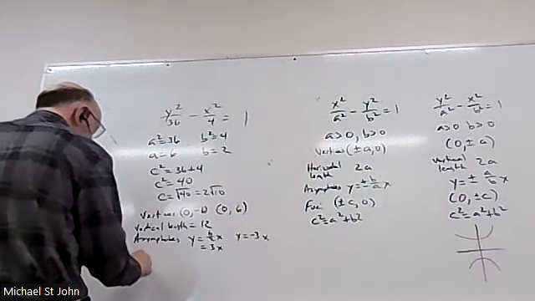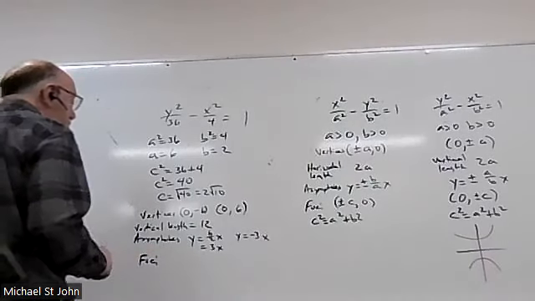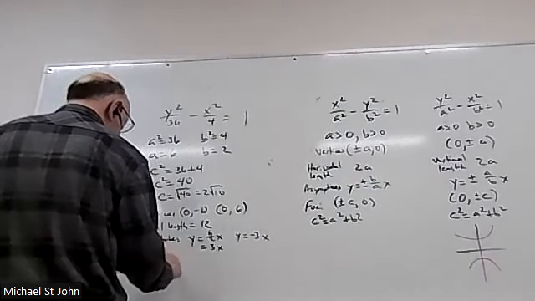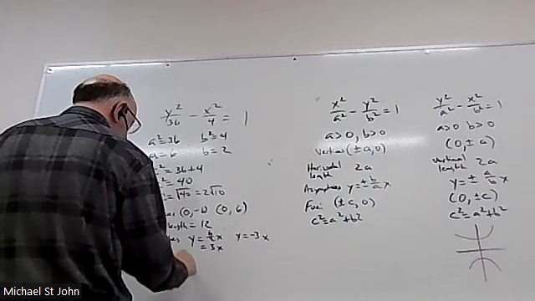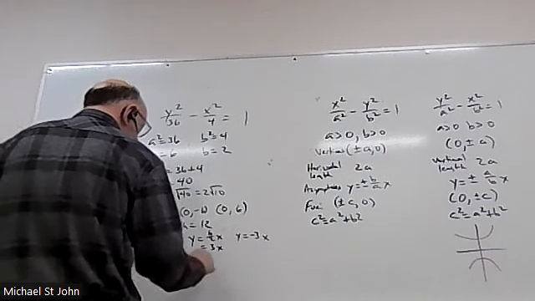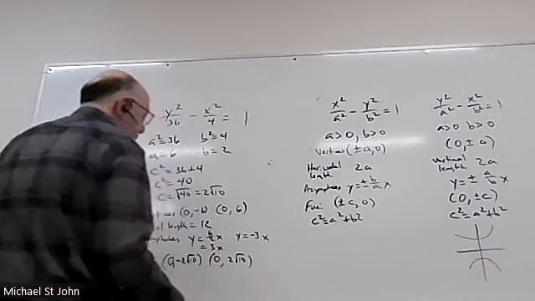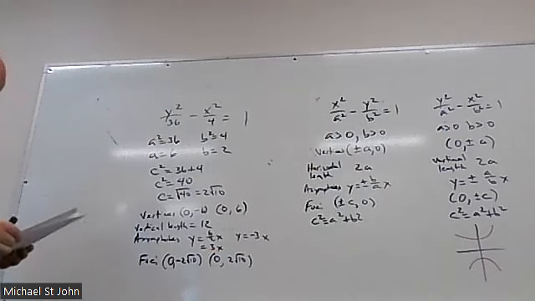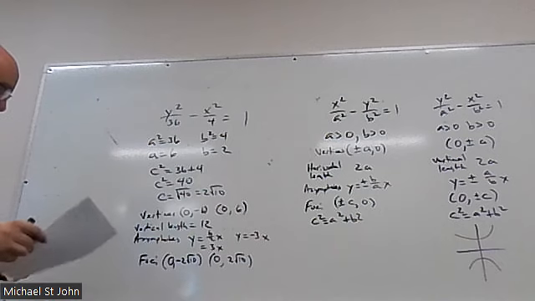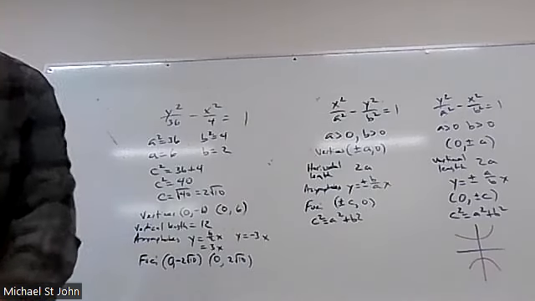And then our foci will be at 0, minus 2 root 10, and 0, 2 root 10, right? And we get those, right? So we have everything in terms of our hyperbola, right? And that will conclude this video.